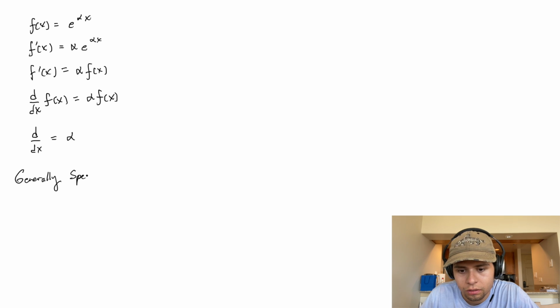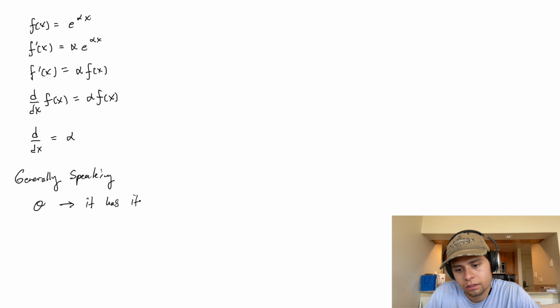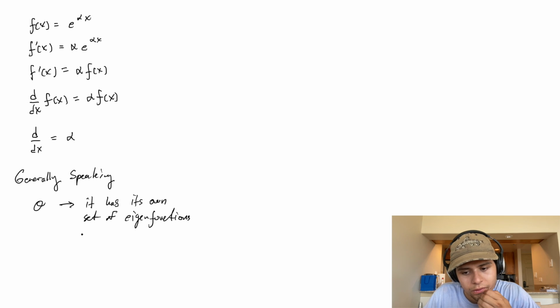Generally speaking, if we have some operator O, automatically we can figure out it has its own set of eigenfunctions and its own set of eigenvalues.